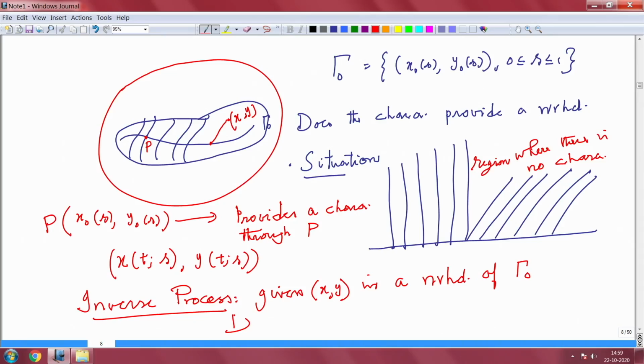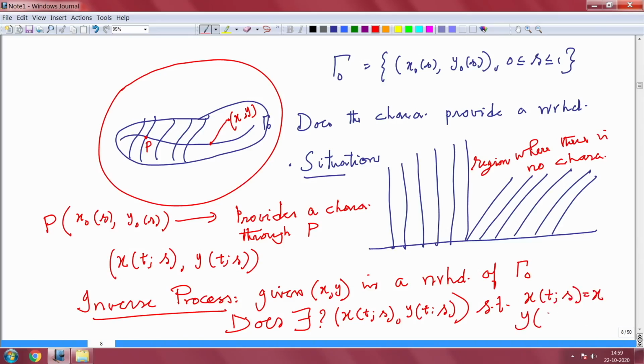Does there exist (x(t, s), y(t, s)), a characteristic curve which should meet the initial curve? That means you need a characteristic curve passing through (x, y), such that x(t, s) should be x and y(t, s) should be y. This is what I am looking at.